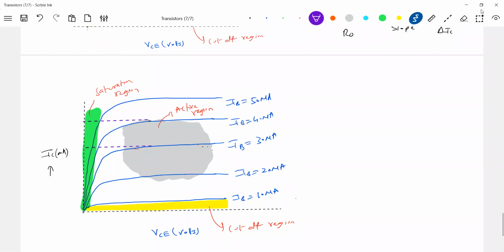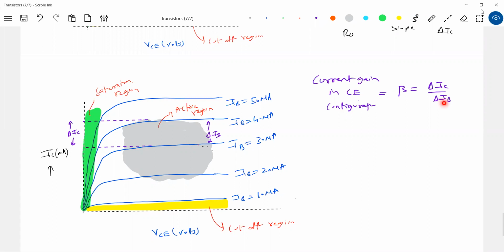Take some points, then calculate this delta IC, and this will be delta IB. I'll take the ratio of this. This is called the current gain in CE configuration, and this symbol I'll call beta. This is given by delta IC by delta IB. This is something very important.